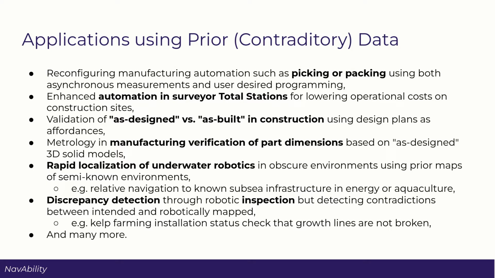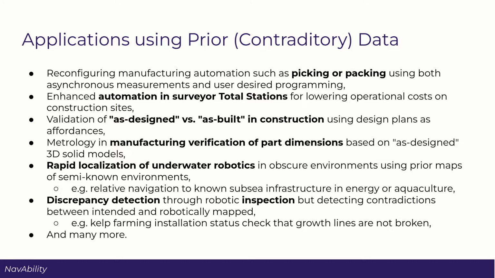That's a clear example. Another is in construction, with total stations that surveyors use to measure out the world or the site. They may have a design plan that they're expecting to see and measure. What happens when the measurements don't match what you're expecting to find? Especially if you want to automate and reduce cost on these total stations, dealing with that discrepancy can be very challenging, and this technique we're suggesting will really help.